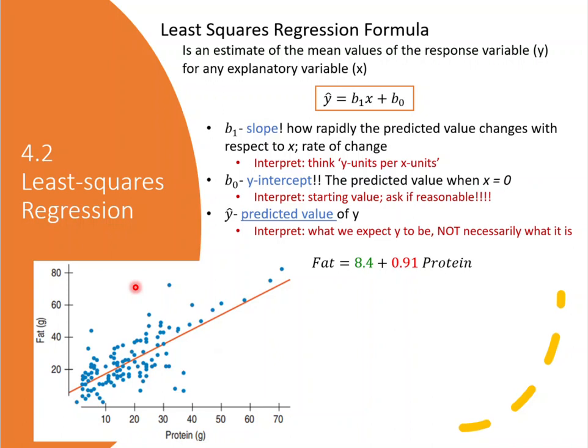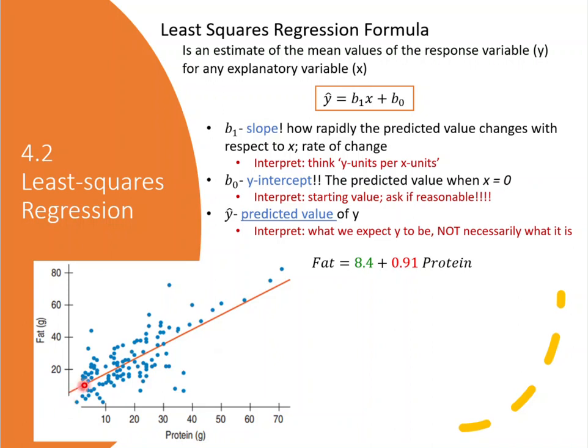So these are menu items from the Burger King menu, and we are letting protein down here along the x-axis be our explanatory variable, and then fat is going to be the response variable. So we're looking at food items with a given amount of protein and their resulting amount of fat.